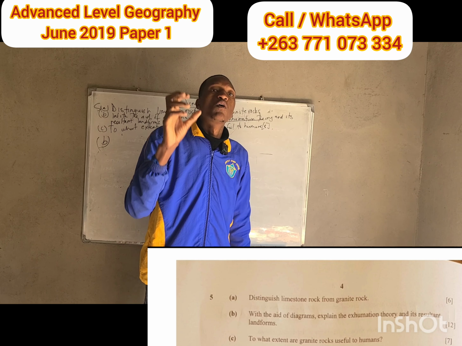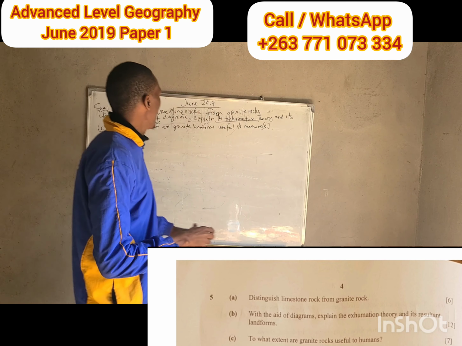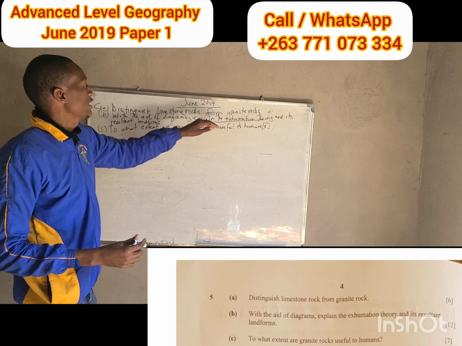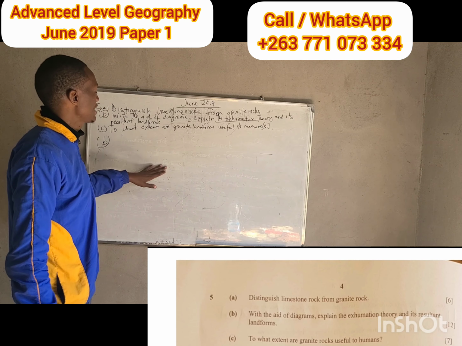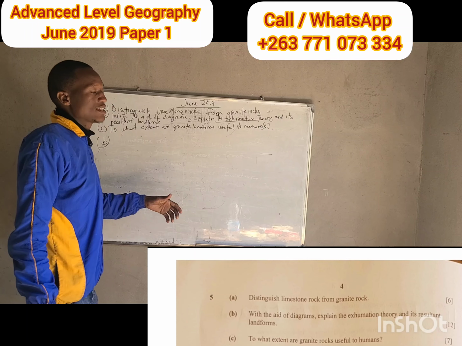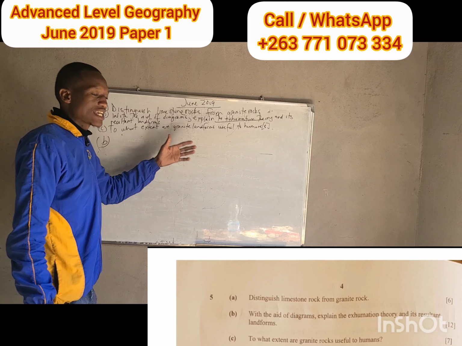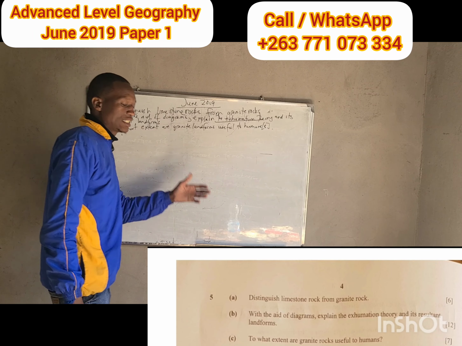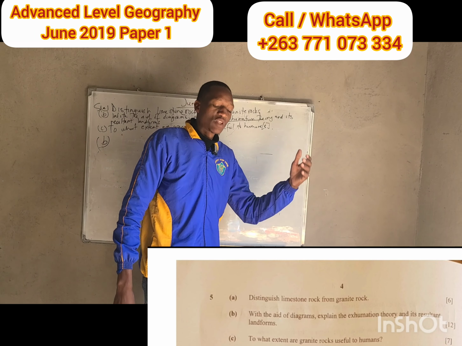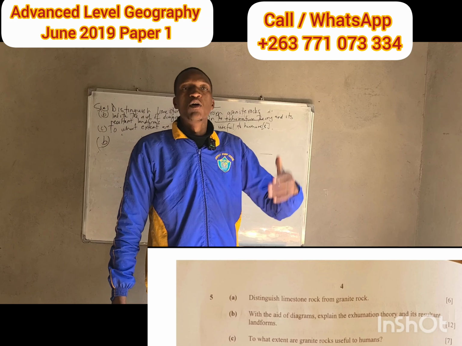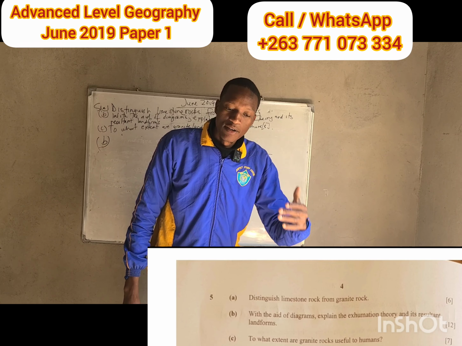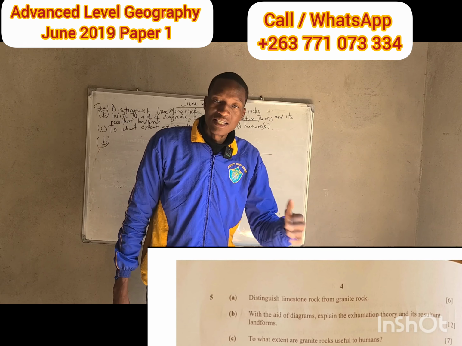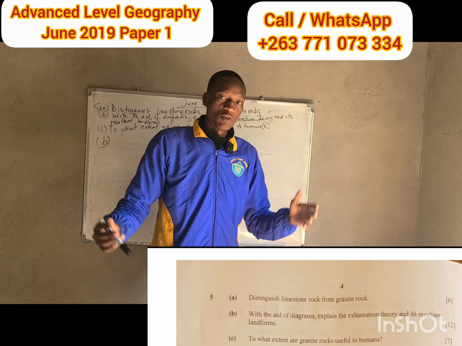According to the exhumation theory, granite landforms such as castle koppies, such as tors and bornhardts, are formed as deep weathered layers are stripped off the surface due to denudational processes such as weathering and soil creep, and mass movement processes such as mud flow and so on.